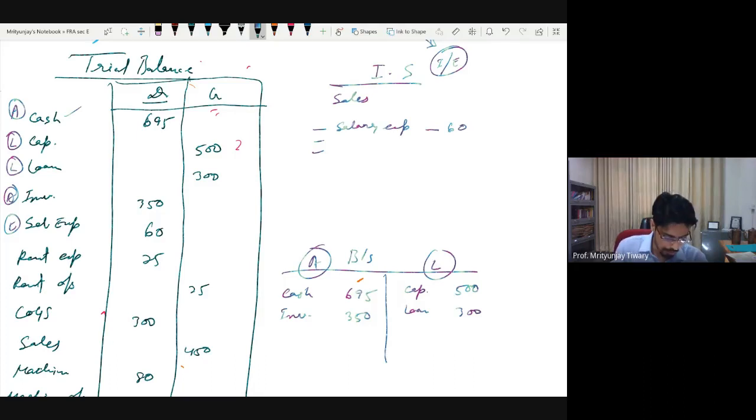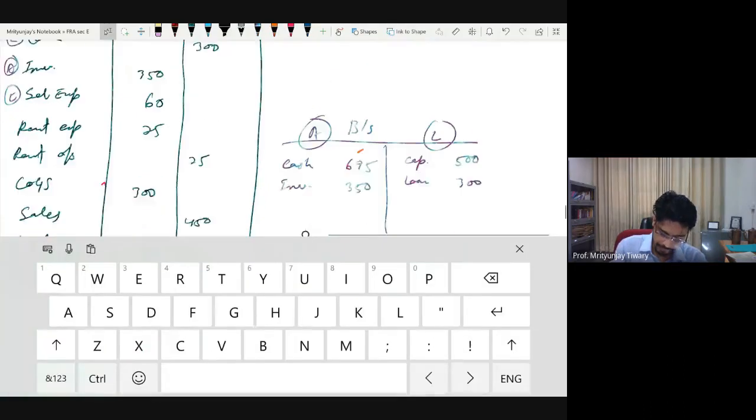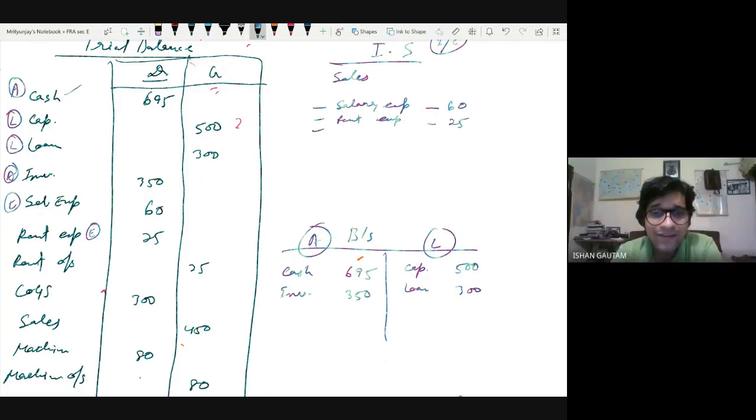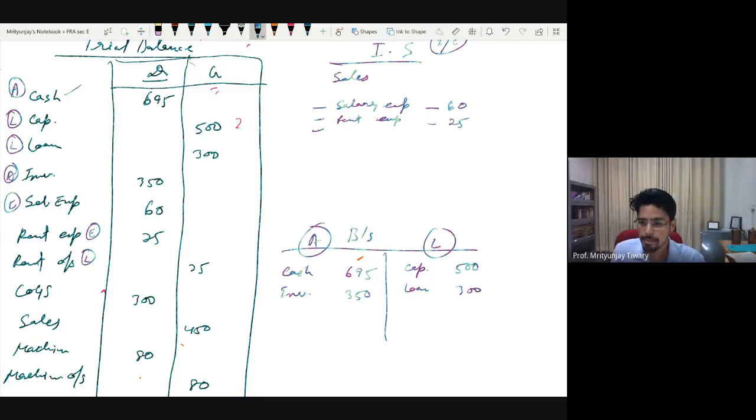Next one is rent expense. What is that? Expenses. So this one will also move to the income statement. So I will write rent expense of 25. Next one is rent outstanding. What is this? This is a liability. So you remember that earlier I told you that always use the prefixes and suffixes.